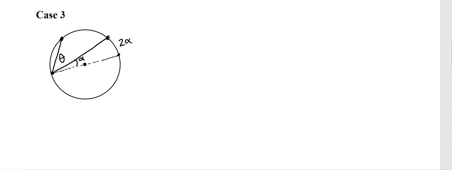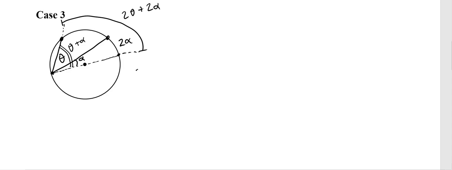Well, consider the entire angle right along there. That comes from the angle theta plus the angle alpha. So that means this entire arc is twice that, 2 theta plus 2 alpha.